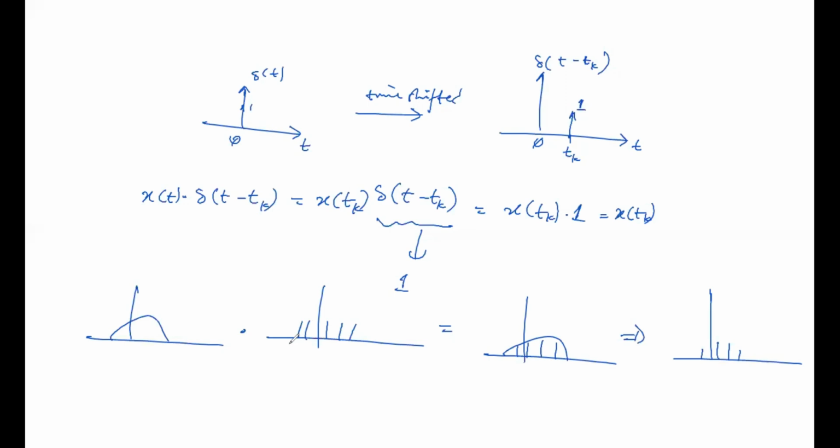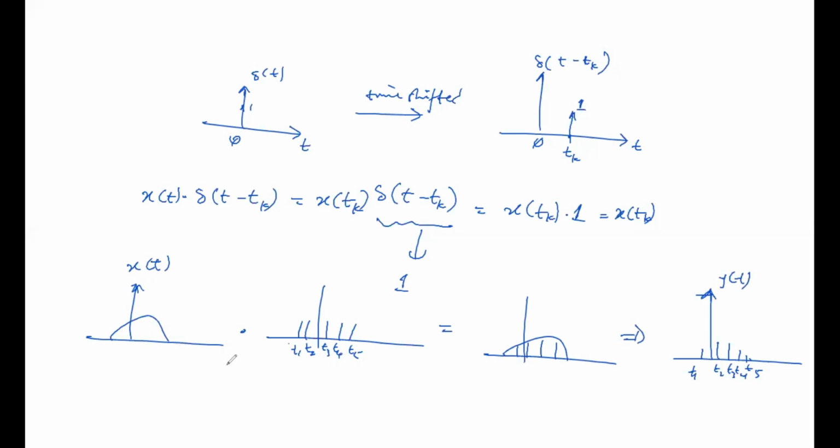Now, if this is t sub 1, t sub 2, t sub 3, t sub 4, then probably here t sub 5. If this is our input, then this gives us the output y of t.